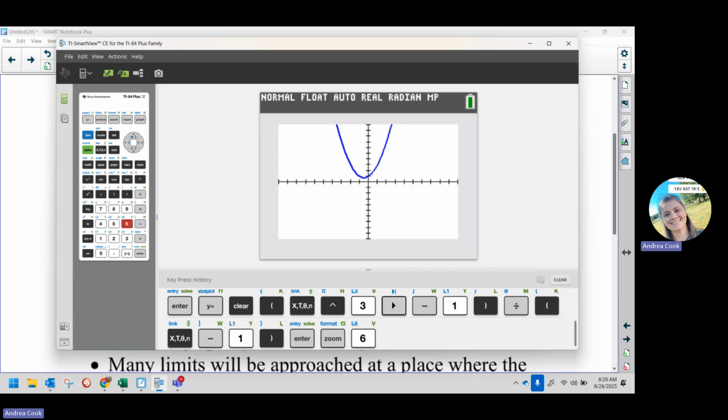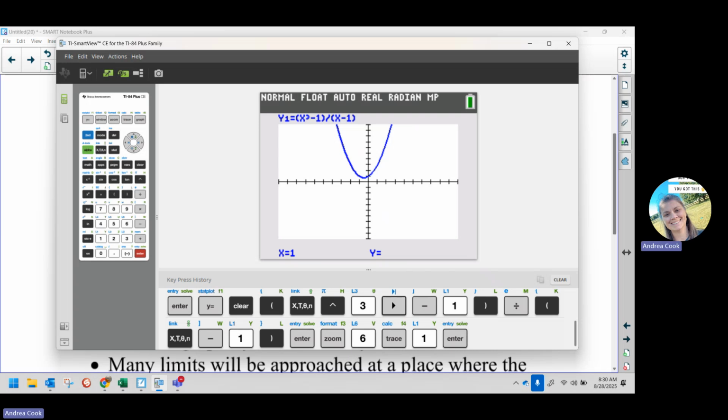And I'm finding the limit as x approaches what number? 1. So I'm going to hit trace and I'm going to put a 1 and hit enter. And the y is blank. So what does that mean is happening at that value? There's a hole.